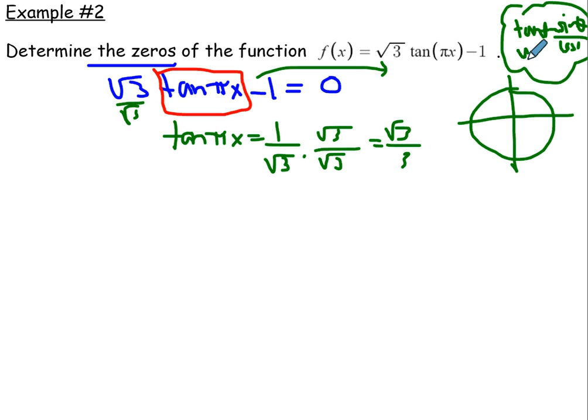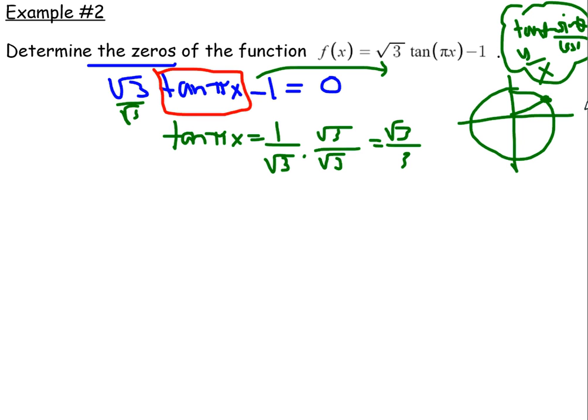That means that it's your y coordinate over your x coordinate that needs to give you square root of 3 over 3. So you're going to need something like 1/2 and square root of 3 over 2.